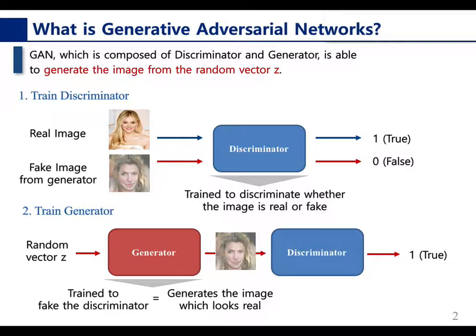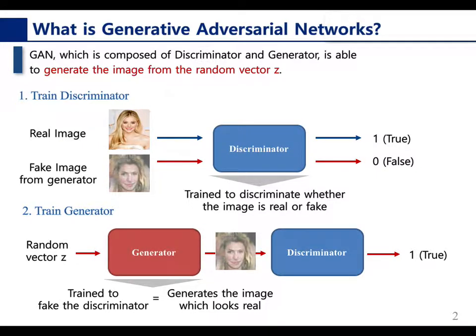But this time, the generator is trying to fool the discriminator. That means it should generate an image which looks real enough so that the discriminator says the fake image is real. That's how the generator is trained to produce images which look natural.